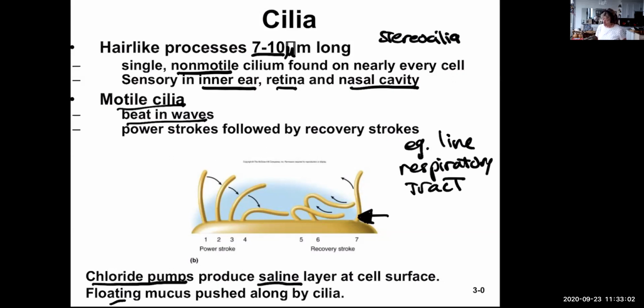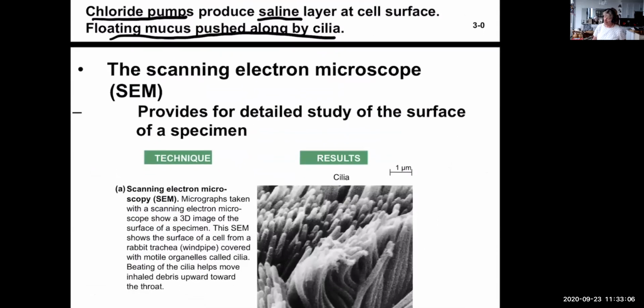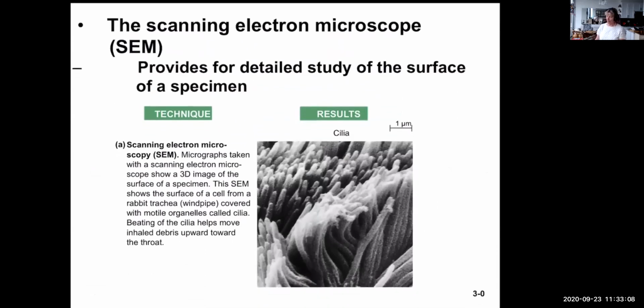And that floating mucus then is pushed along by the cilia. Here's a scanning electron microscope image of cilia. This is a rabbit trachea, and you can see them here. These are all cilia. They do this power stroke, but then they come back in a recovery stroke. So they only beat in one direction. A power stroke and recovery stroke.